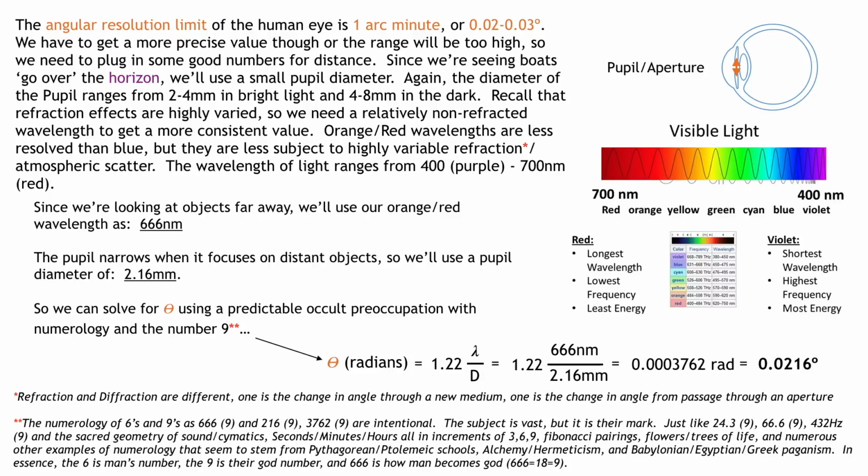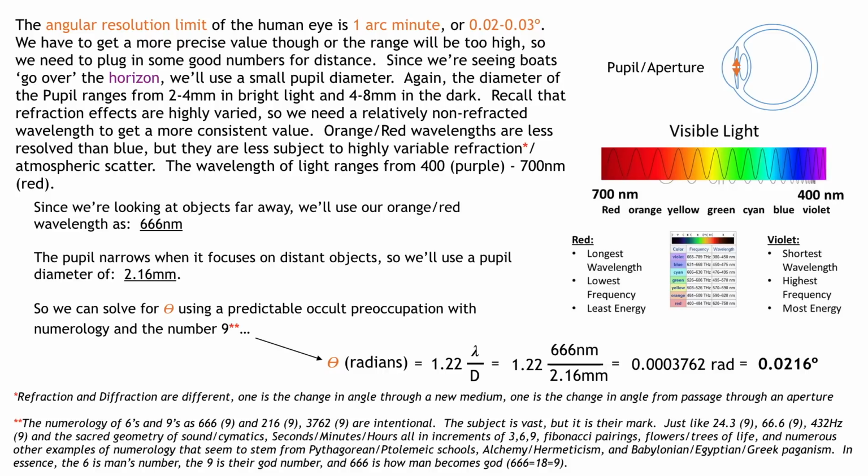Just like 24.3 degrees is 9, and 66.6 degrees is 9, 432 hertz is 9, the sacred geometry of sound and cymatics. The seconds, minutes, and hours all are increments of 3, 6, and 9. There are Fibonacci pairings, flowers, and trees of life, and numerous other examples of numerology that seem to stem from Pythagorean and Ptolemaic schools, alchemy, Hermeticism, and Babylonian, Egyptian, Greek paganism.